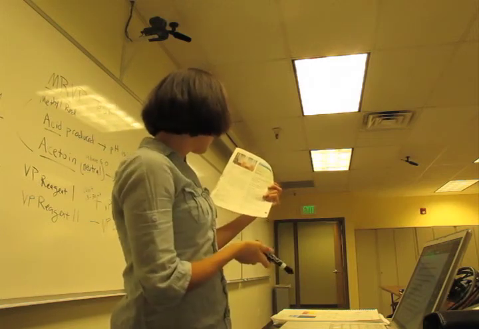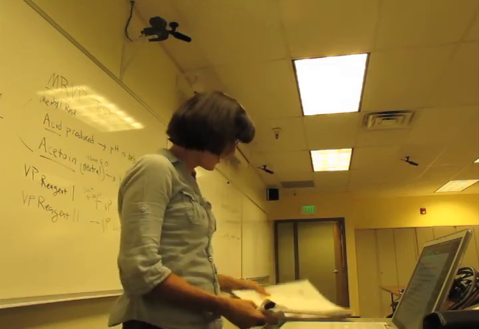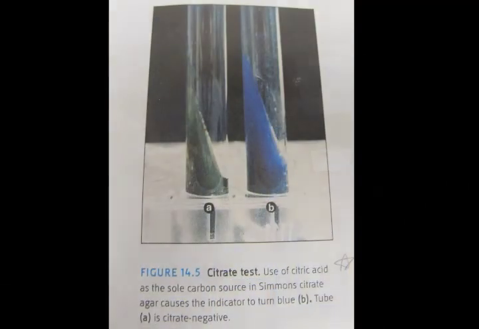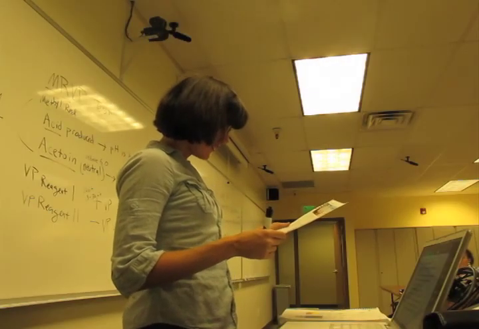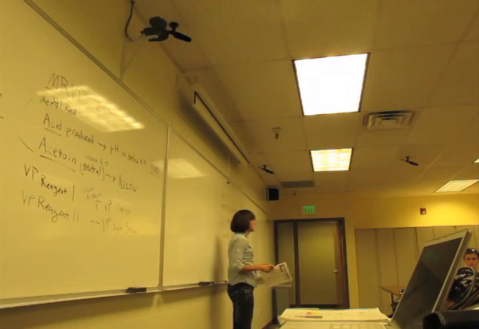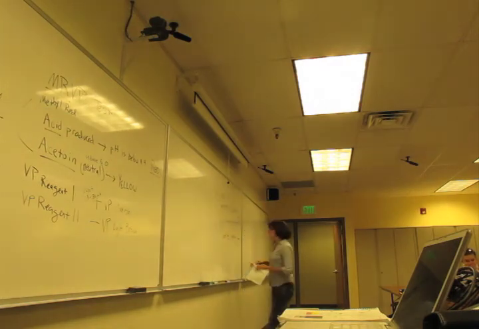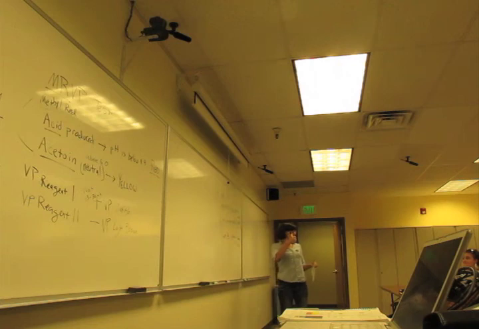So just be aware of that. This one's pretty easy. Either it stays green or it turns blue. If it turns blue, it means the bacteria broke down the citrate, and the byproduct of that is ammonia. It'll stink, but it's a byproduct in a lot of these tests. Just remember ammonia causes the pH to rise and makes it alkaline or basic.